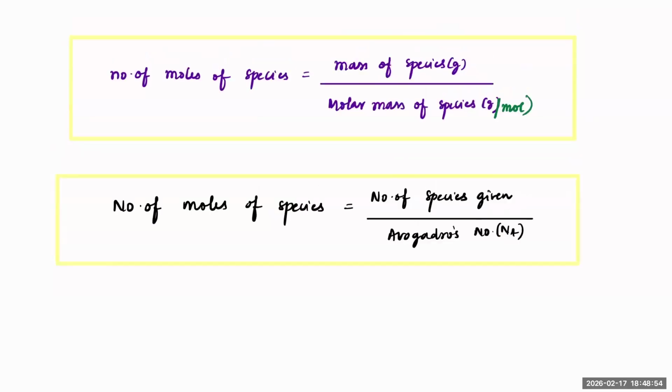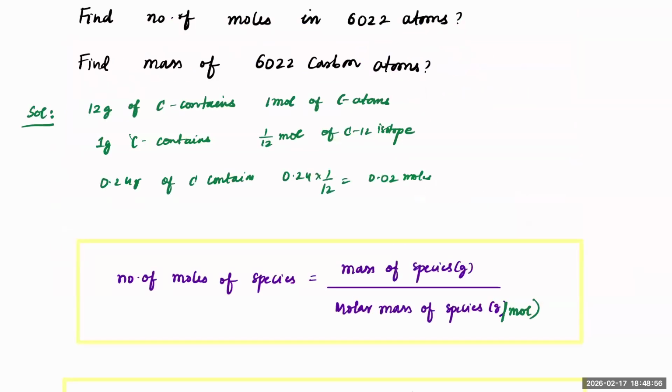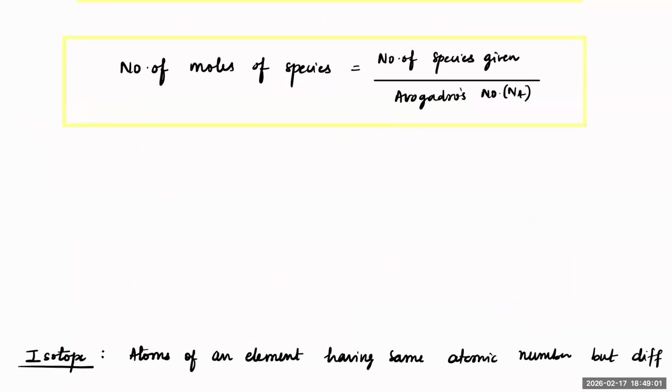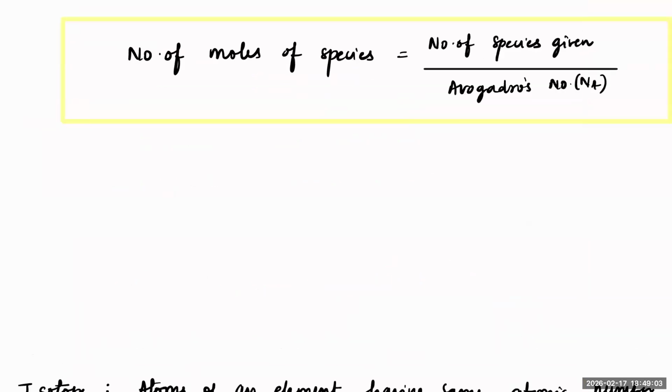So now you notice the mass of this many carbons, correct? These are the number of carbons, so from the number of carbons I can find the number of moles of carbon. This is the third part. Number of moles of carbon will be equal to 6022 divided by Avogadro's number, which is 6.022 into 10 raised to the power 23.